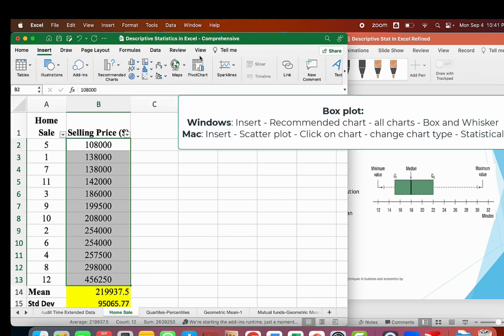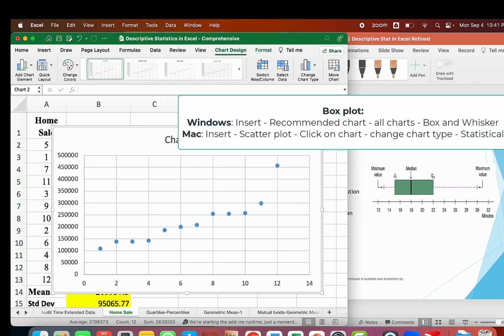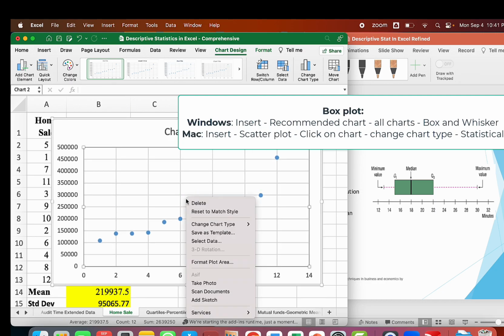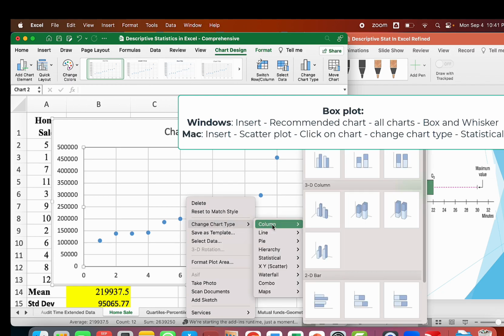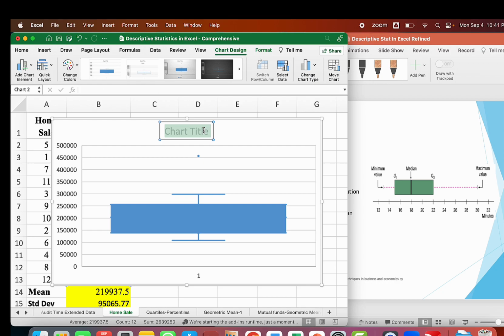But if you're using a MacBook, you can just click on this scatter plot, and once the scatter plot is there, click here and right click and then change chart type, and then in the statistical category you will find box and whisker plot.